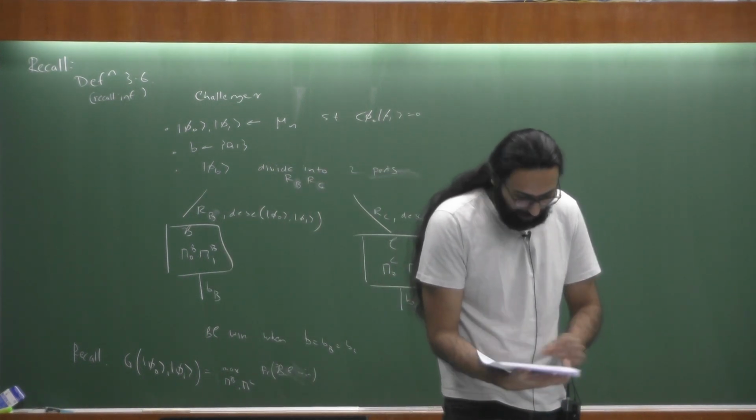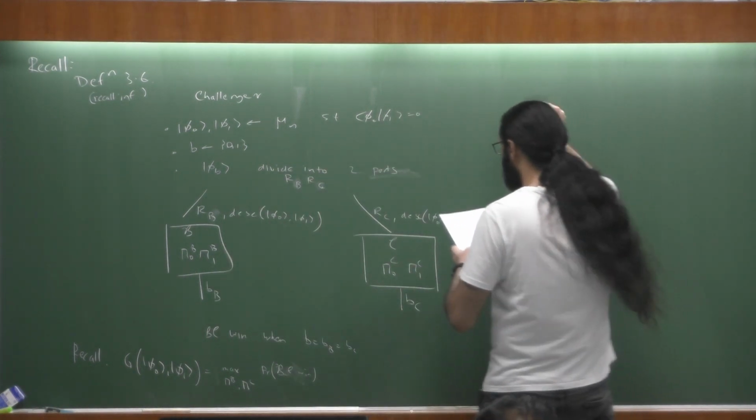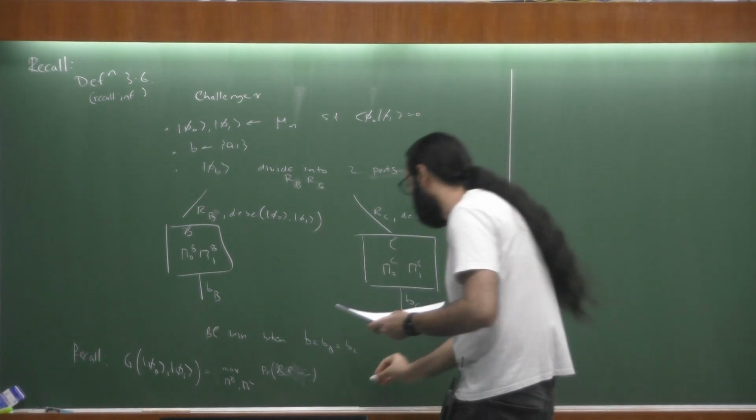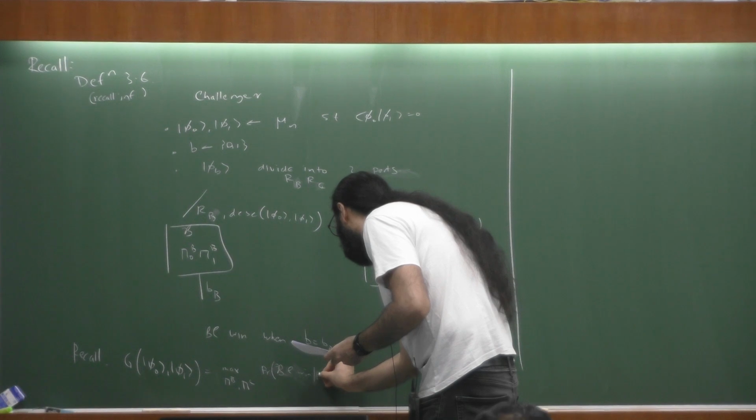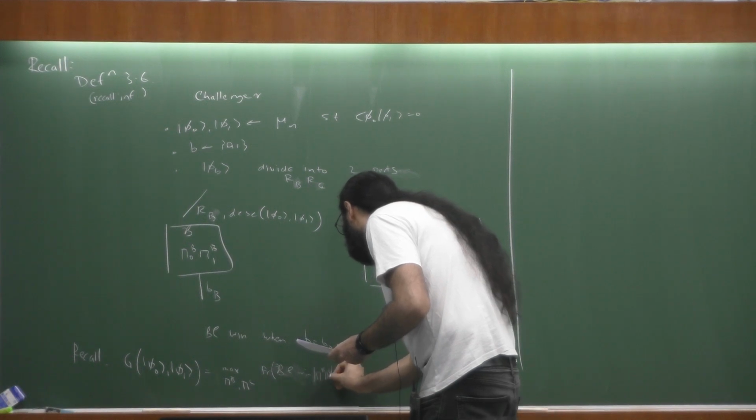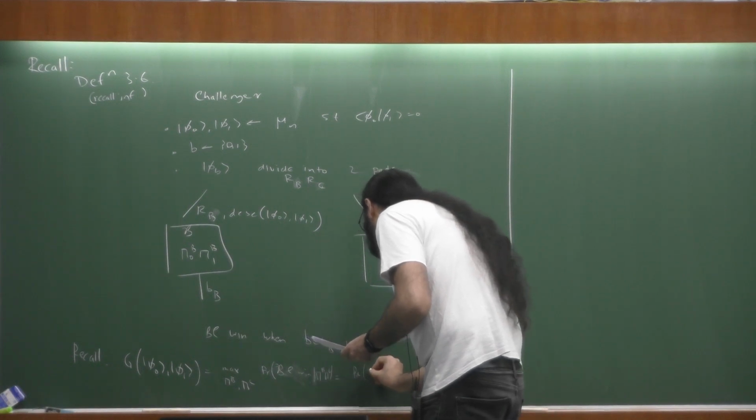And last time we managed to show the following. So we showed that, and this is also the probability that, given π_B, π_C, BC win.